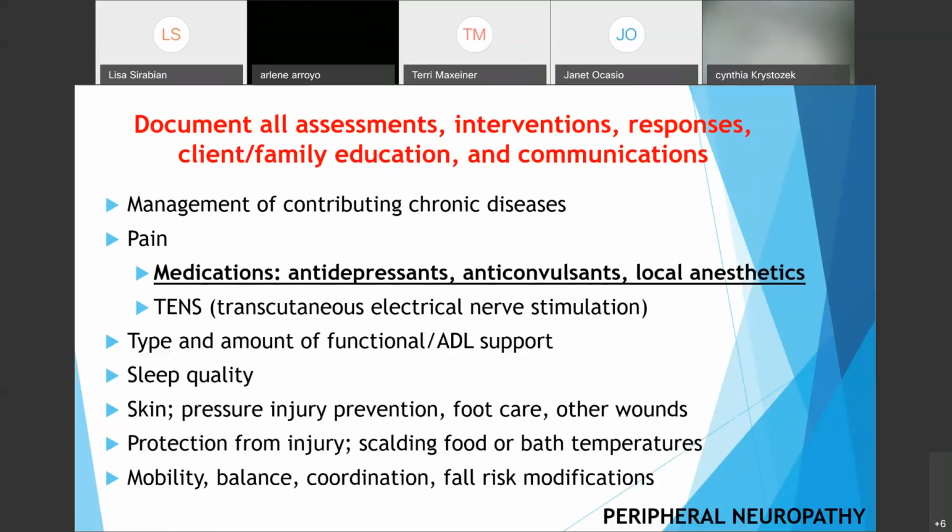Taking care of the feet, monitoring the feet, cleaning the feet, moisturizing the feet, all of those are very important. Preventing from injury, again, because they lack the protective sensation. So, scalding, bath temperatures, and mobility balance coordination in all of our fall risk modifications.